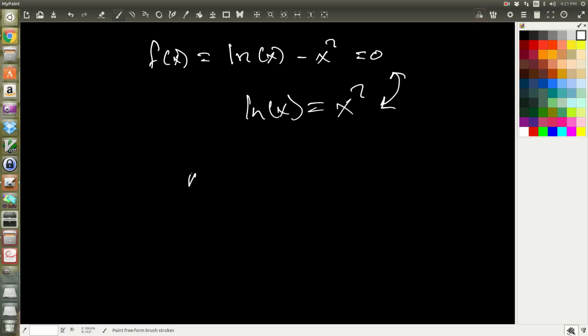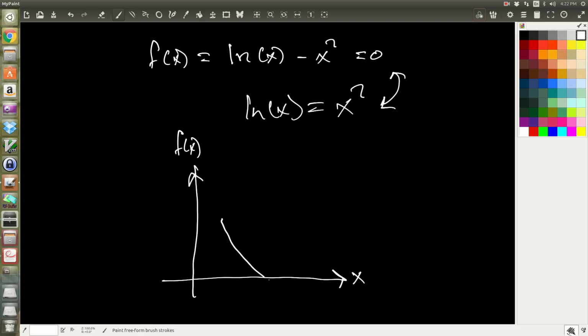So this is our function f of x that we're looking for a root. The solution to this will be the solution to our nonlinear equation. Maybe it comes down like this. Well, maybe we give it an initial guess called x0. Okay, and we can draw a tangent line here, and that represents us linearizing the equation.